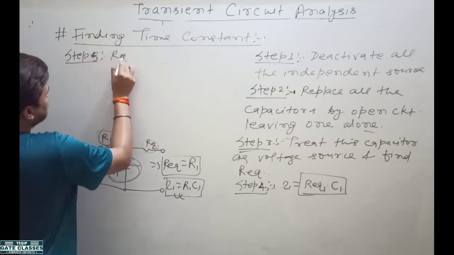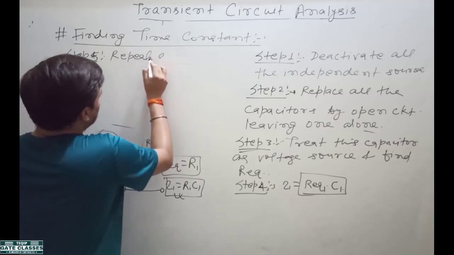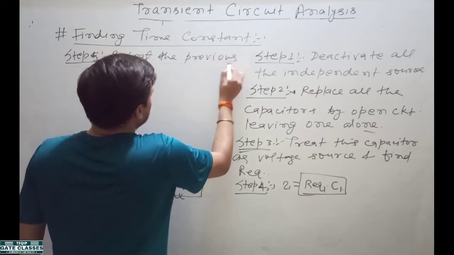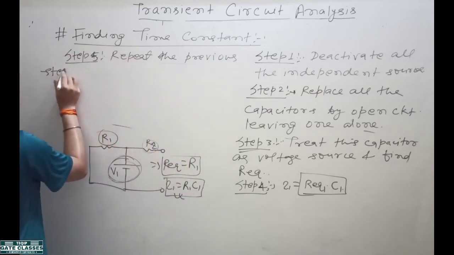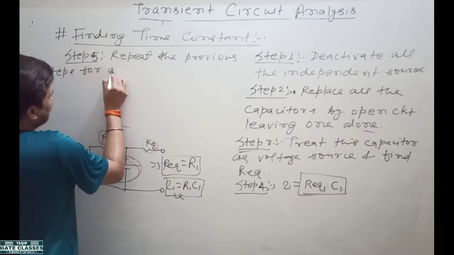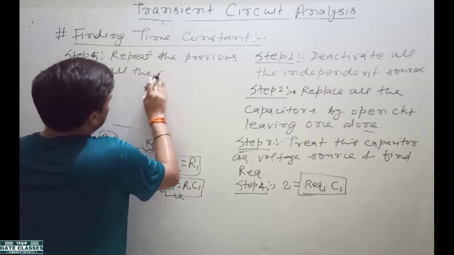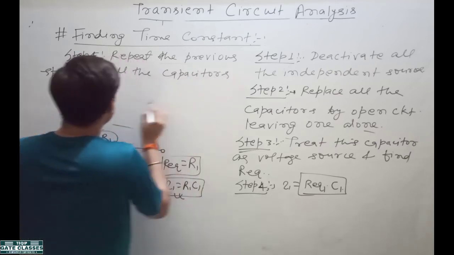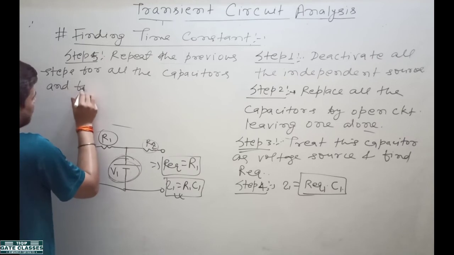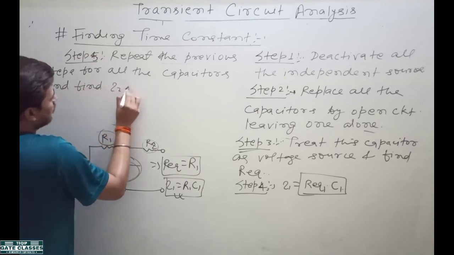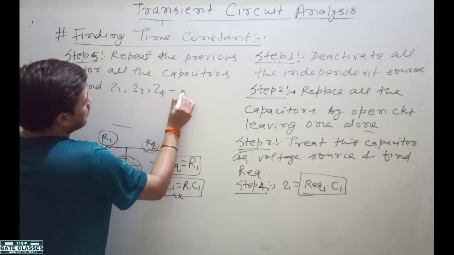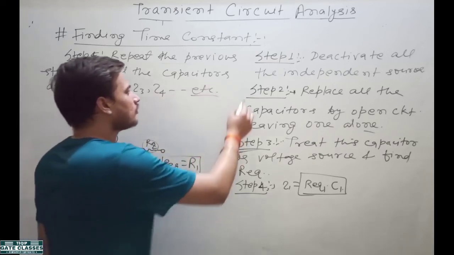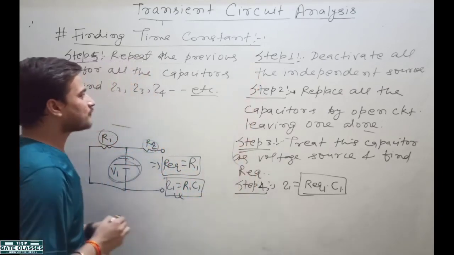Repeat the previous steps for all the capacitors and find tau 2, tau 3, tau 4 etc. That means as many capacitors are given to you, you have to repeat all those 4 steps for different capacitors.